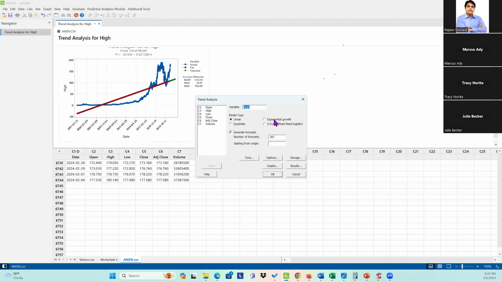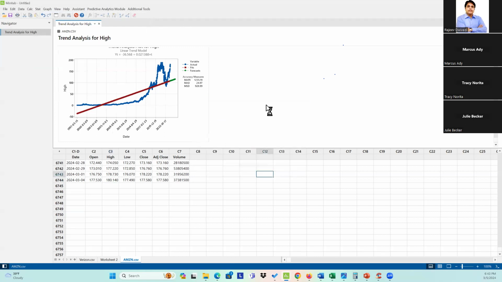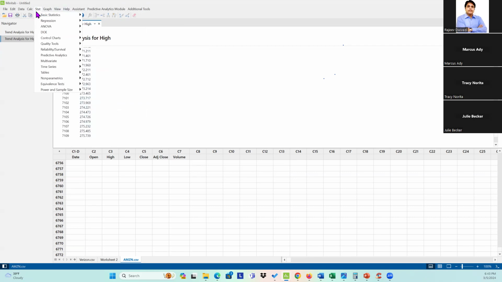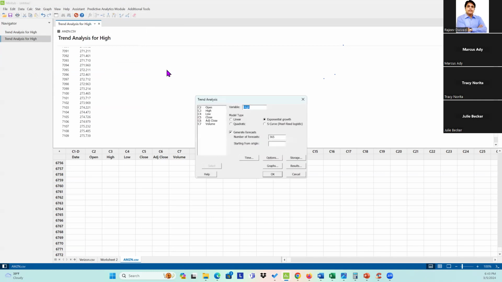And now here I just choose another one, exponential, and I do OK. And you can see, $180 becomes $275 in a year. The third thing I do is quadratic.